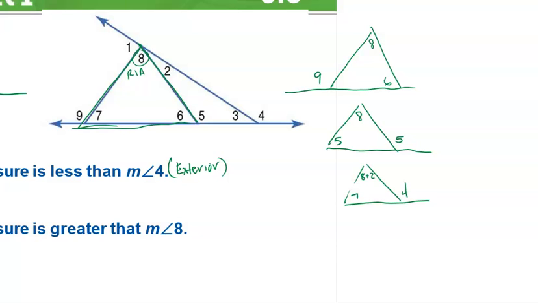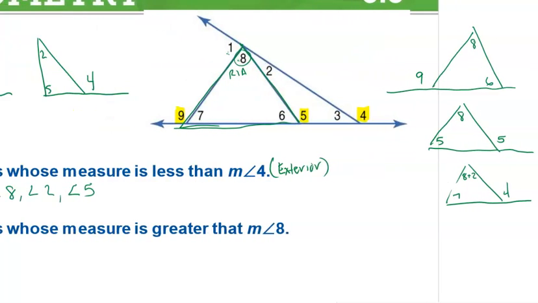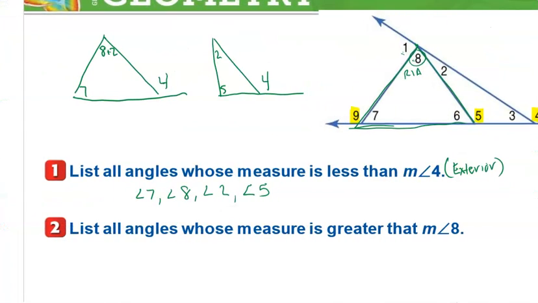So in this picture, this is an exterior angle, this is an exterior angle, this is an exterior angle. 1 is an exterior angle, but 1 and 8 are adjacent to each other, so those don't count. So we have 3 exterior angles whose measure is greater than the measure of angle 8. In other words, what exterior angles are there for the same triangle that 8 is a remote interior angle of? So this would be angle 4, angle 5, angle 9.